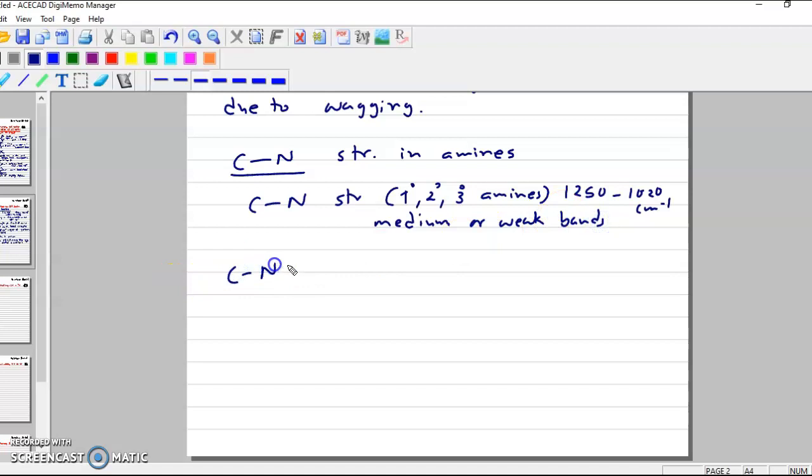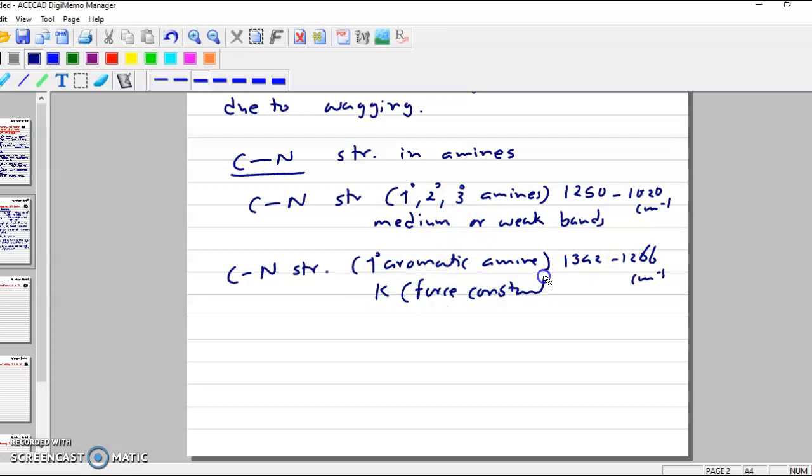In case of aromatic amine, C–N stretching for primary aromatic amine is between 1342 to 1266 cm⁻¹, and this is a little bit higher value than this because the force constant for aromatic amine will be higher.